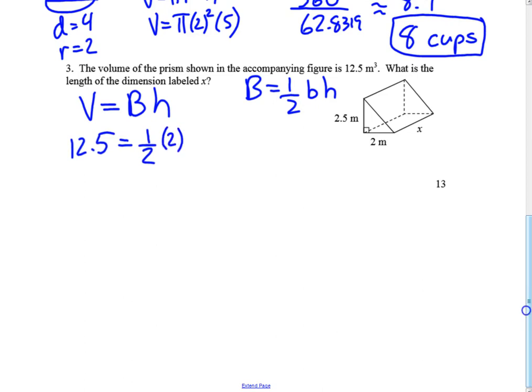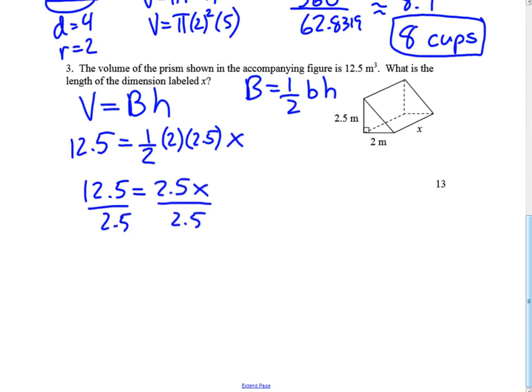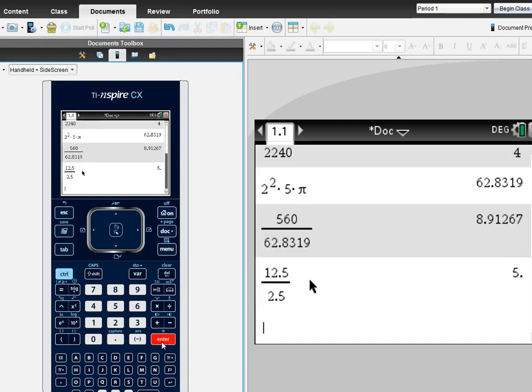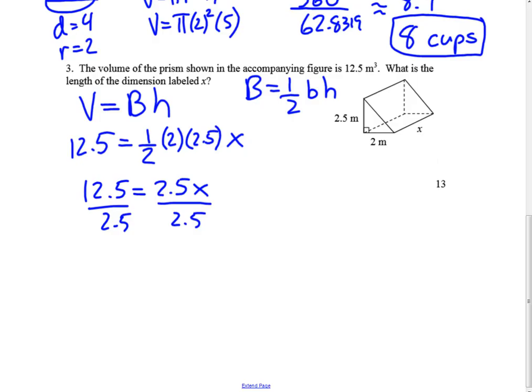That equals 1/2 times 2 times 2.5, that's the area of the triangle, and then times x. 1/2 of 2 is 1. 1 times 2.5 is 2.5x. So then we would just divide this by 2.5. 12.5 divided by 2.5 is 5. Okay, so 5 would be x.